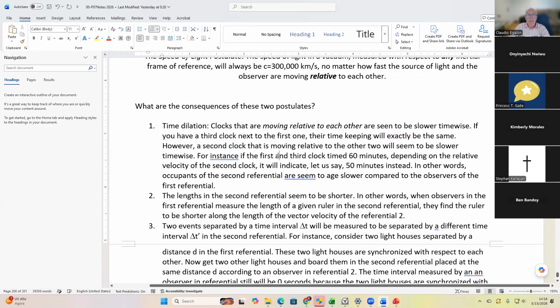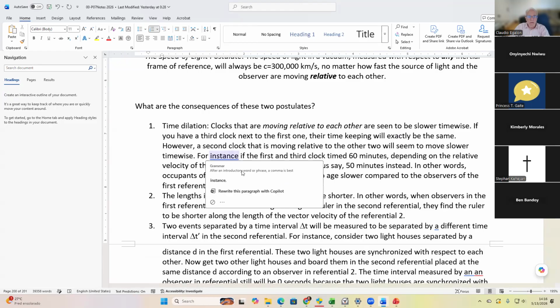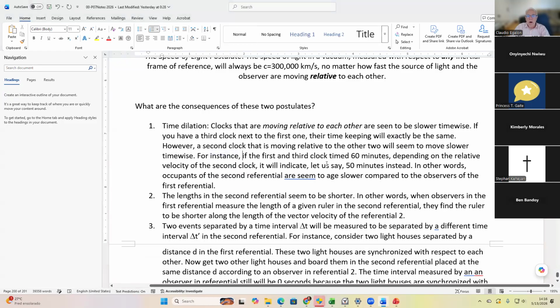However, a second clock that's moving relative to the other two will seem to move slower. For instance, if the first and third clocks time 60 minutes, depending on the relative velocity of the second clock, it will indicate, let's say, 50 minutes instead. That's what we call time dilation.